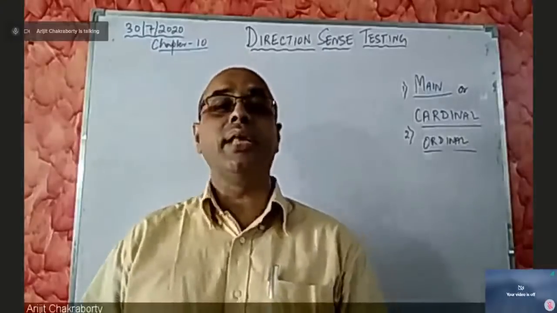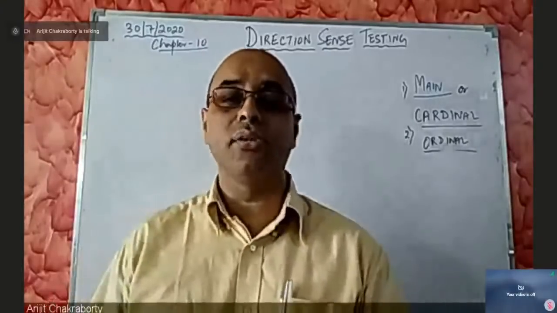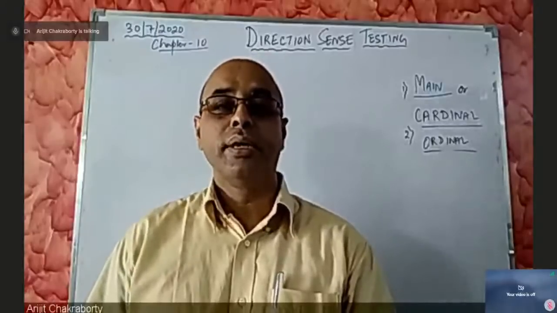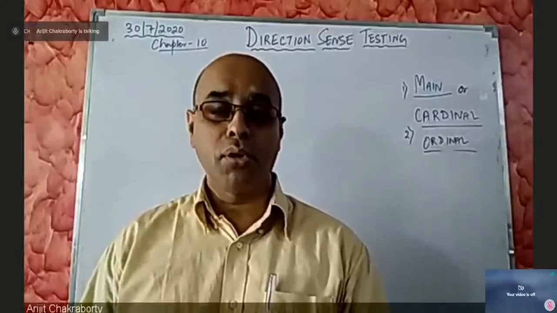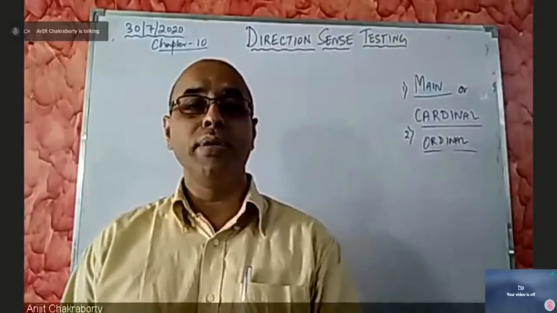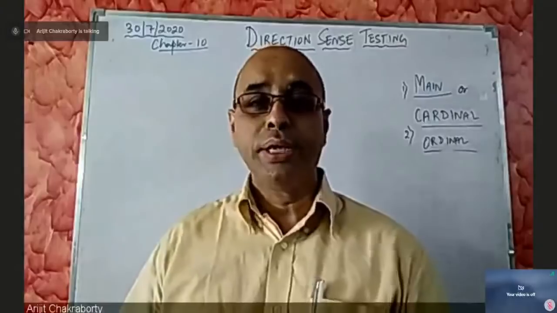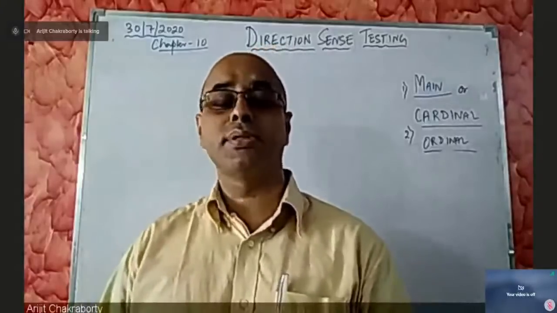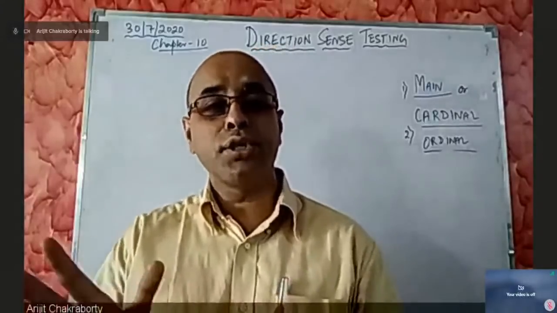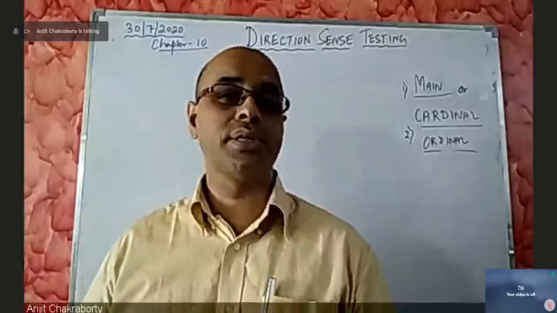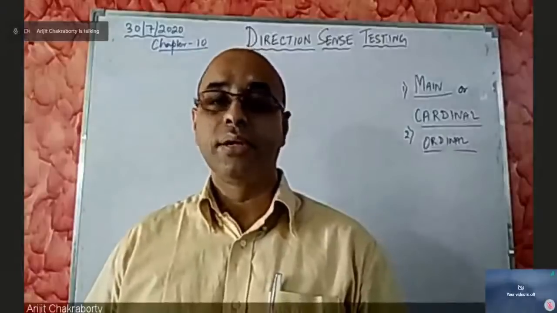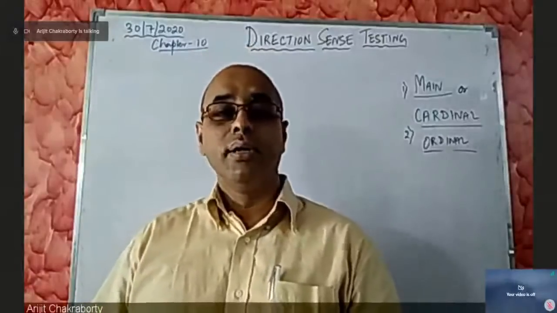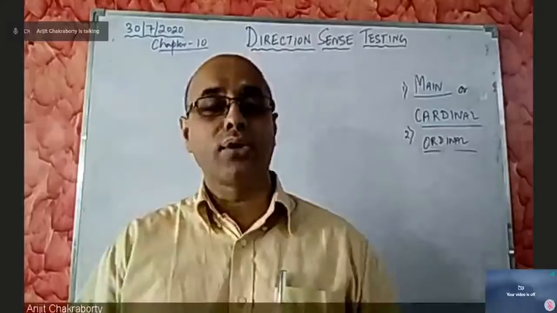So the direction sense testing part of the logical reasoning section is, as usual, a very scoring area, because the problems will be quite simple. You have to draw quick diagrams to understand the direction of movement, and questions will be based on direction. No formula to remember, only concept and quick drawing.